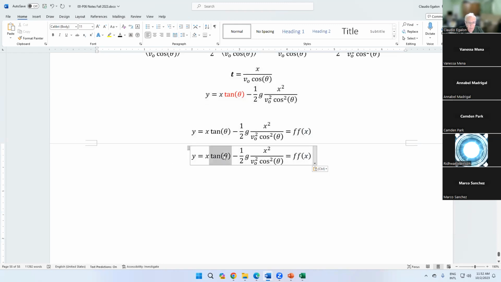This term that you see here is a constant because it's the tangent of the initial angle. What changes here is the x. And this thing here is also constant: the initial velocity and the initial angle squared. There you go.